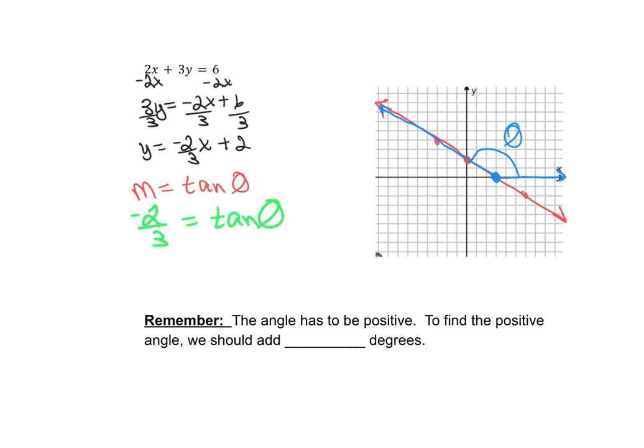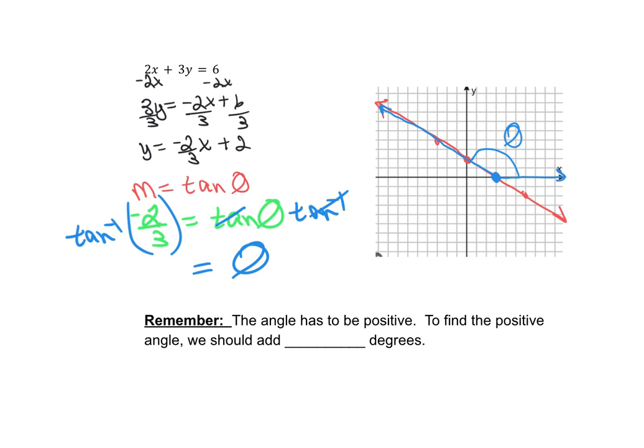And again, to get rid of that tangent, we're going to multiply both sides by the inverse. Okay, that gets rid of our tangents over here. So our angle of inclination, we're going to put in our calculator. We're going to do that second tangent. In the parentheses, we're going to make sure we put a negative 2 over 3.